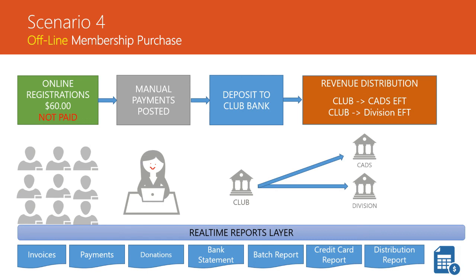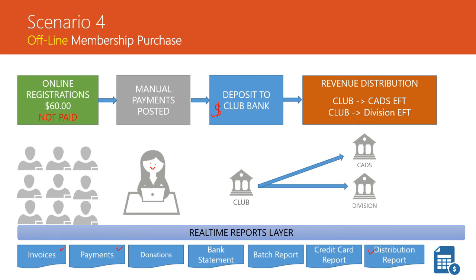So Snowline knows how much of the split, again, it's the same thing. So they pay you, you deposit the check into your bank account, and then when revenue distribution runs, it sees the payment, it knows what the split is. So again, same thing.